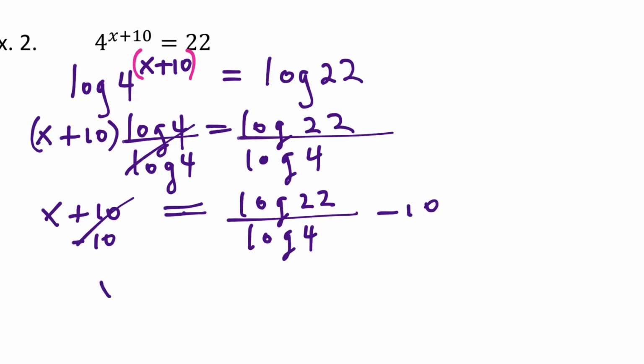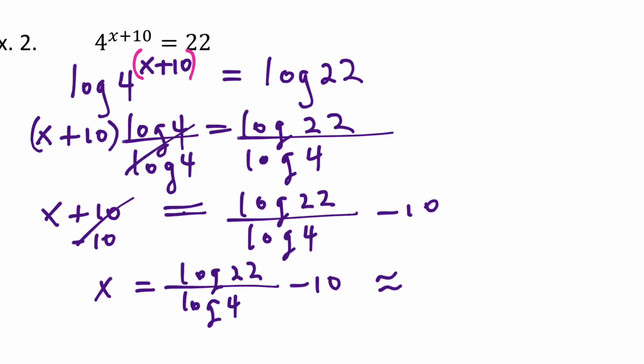So I have x is equal to log 22 divided by log of 4 minus 10. All right, that can also be plugged into a calculator if necessary in order to get a graph or to have some idea of what the magnitude of this number is, and you could get a decimal equivalent. But once again, I prefer the exact solution.